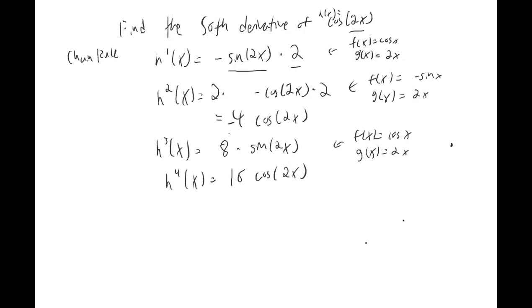Basically, what you're going to see is this is 2 to the 4th, this is 2 cubed, this is 2 squared, and this is 2. So if you see the pattern, H50 is going to have a 2 to the 50.